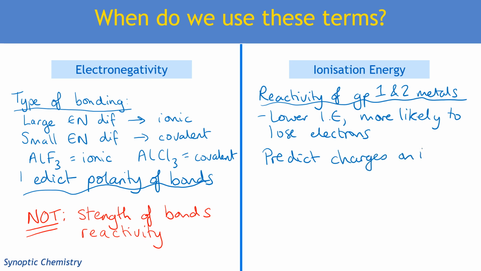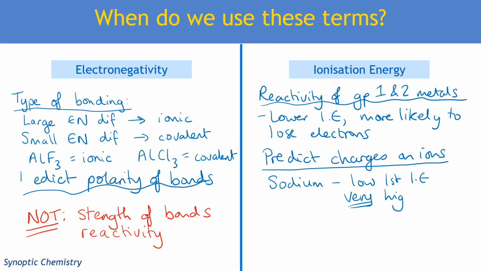For example, sodium has a relatively low first ionization energy and a very, very high second ionization energy, and that is because the second electron is in a shell much closer to the nucleus.